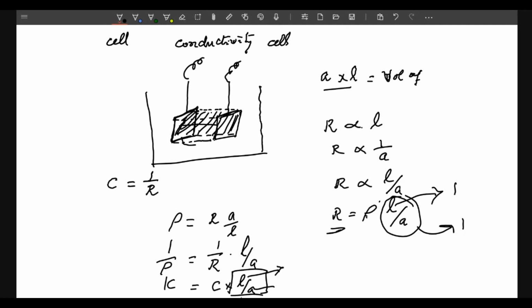L is in centimeter, A is in square centimeter, therefore the cell constant is always given in per centimeter.